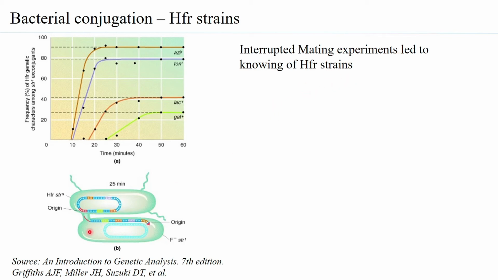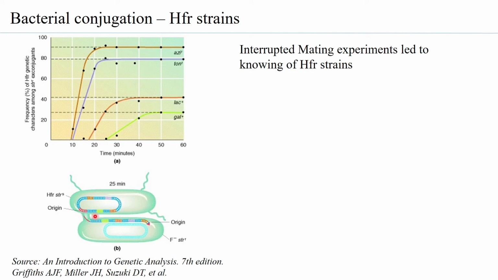What do we mean by that? Suppose you have the transfer beginning and you interrupt the transfer at the 10th minute. Then, because the mating has been interrupted, you will not have the entire genome being copied and sent to the recipient. A part of the genome will be copied and sent to the recipient.